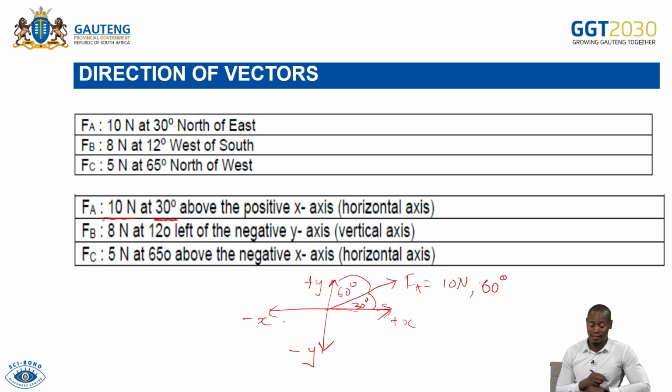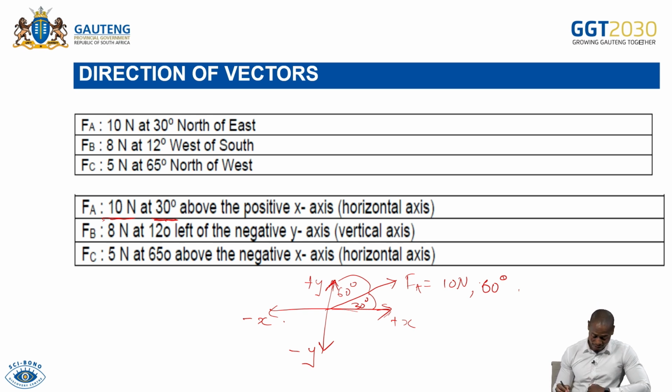Of 60 degrees to what? Now the focus is the vertical y-axis. So remember, this 60 degrees is between Fa and the y-axis, and the positive y-axis.